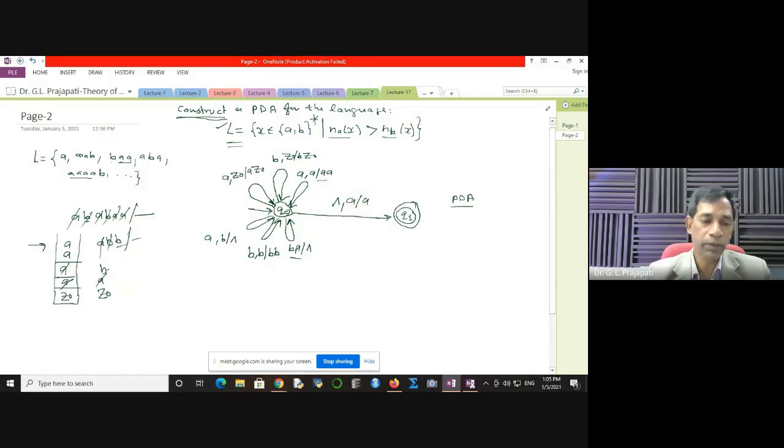It is guaranteed that once top is B, the next symbol below is either B or Z0. You can't have the opposite symbol, because there are only two symbols, A and B, and you are going to match them. Whenever you see opposite conditions, input is A and top is B, or input is B and top is A, you are going to delete this.